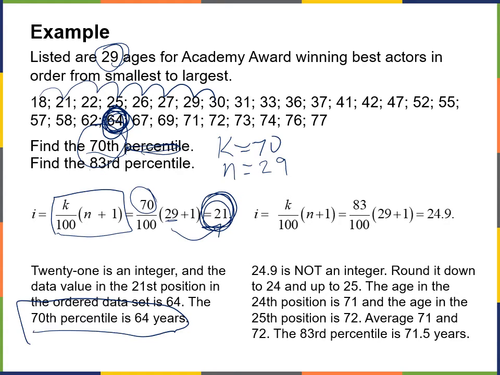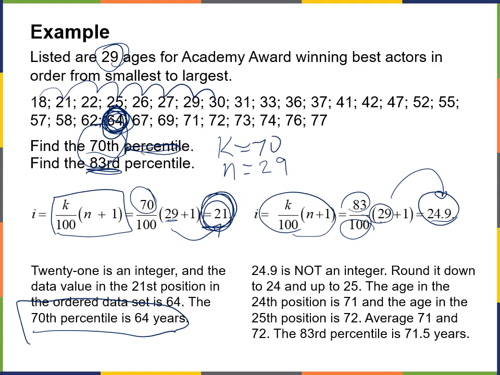Let's look at the 83rd percentile. Well, everything's the same except K is 83 now instead of 70. I plug all that into the same formula, 83, 100 divisions, 29 data values total. And you see the value I get out of I is 24.9. That's not an integer. So what are we going to do here?